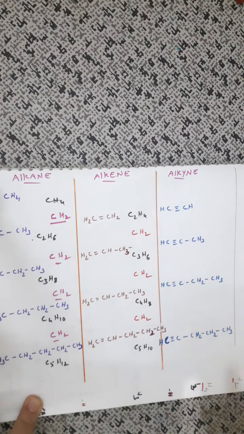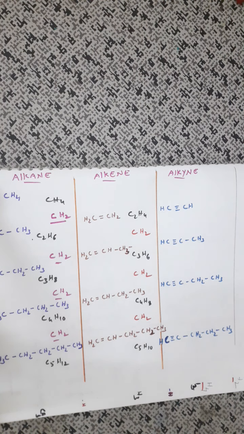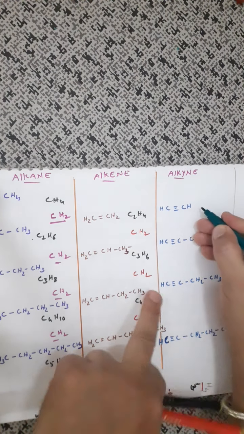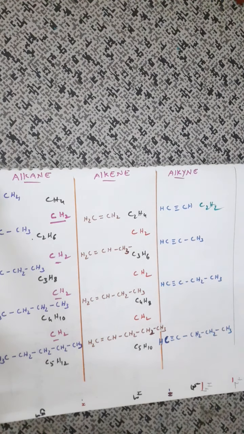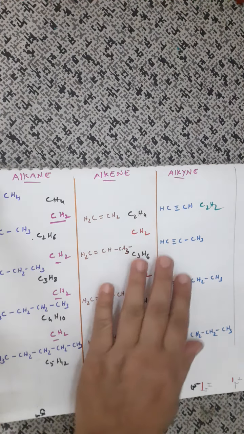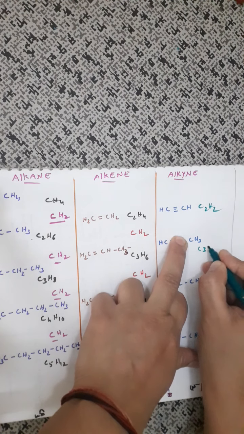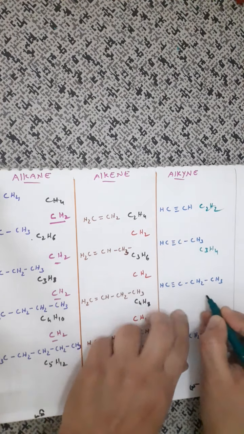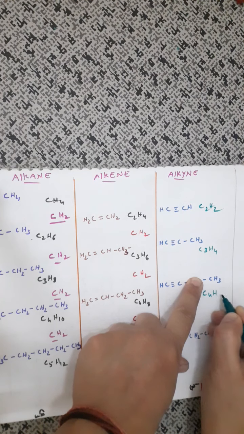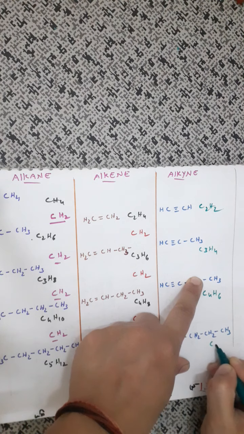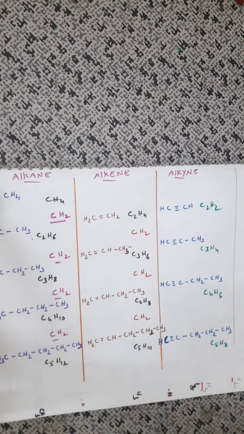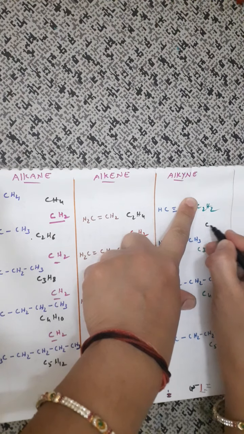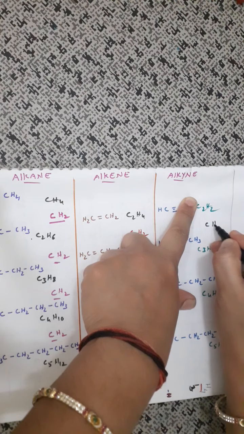Let us now see in case of the alkyne. What is the first hydrocarbon? C2H2. Similarly, C3H4, then C4H6, then C5H8. Now let us see the difference in their value. 3 minus 2, 1. 4 minus 2, 2.